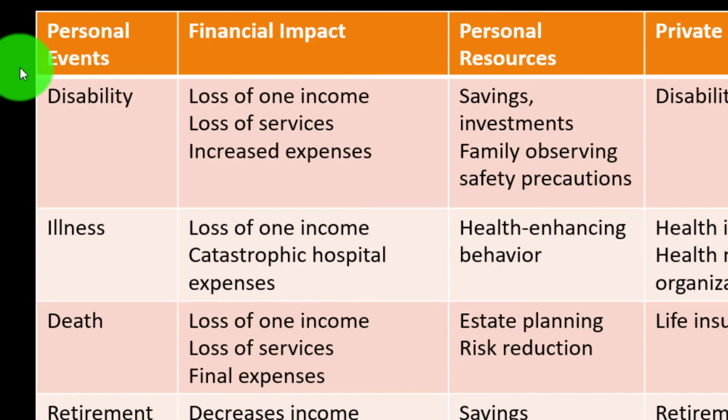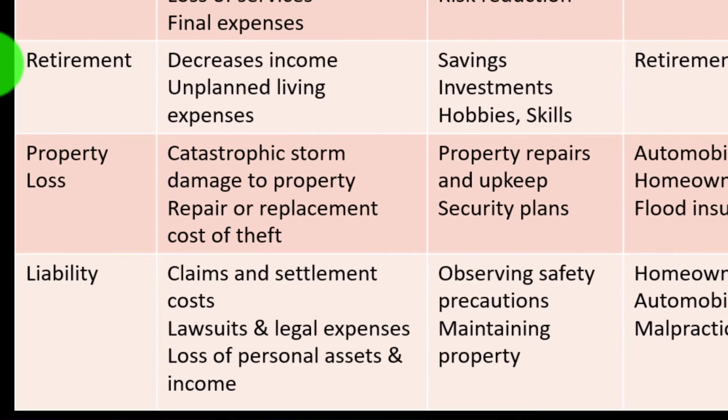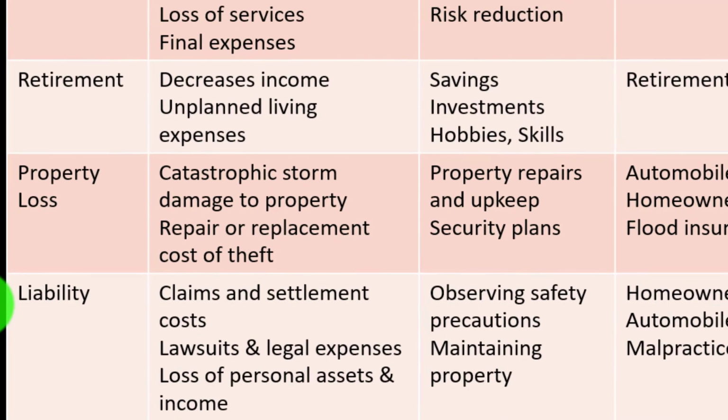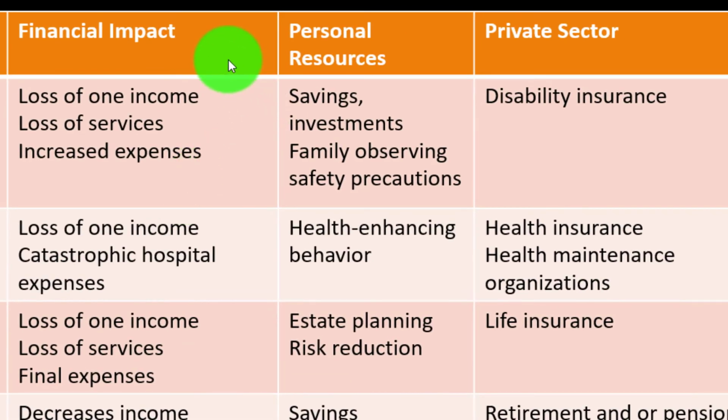But clearly, you want the insurance to mitigate the risk, but then you also want to make sure you're taking the personal strategy. So we've got the disability, the events that can happen: illness, death, retirement, property loss, liabilities. We've got the types of financial impact that could happen, noting that these are not the only losses that could happen.